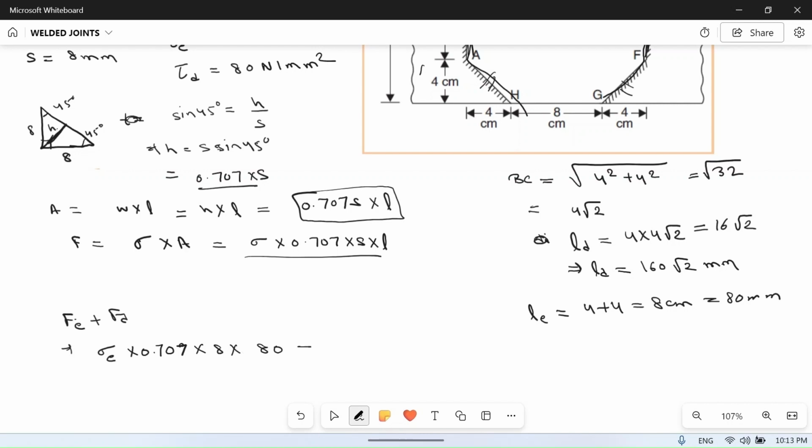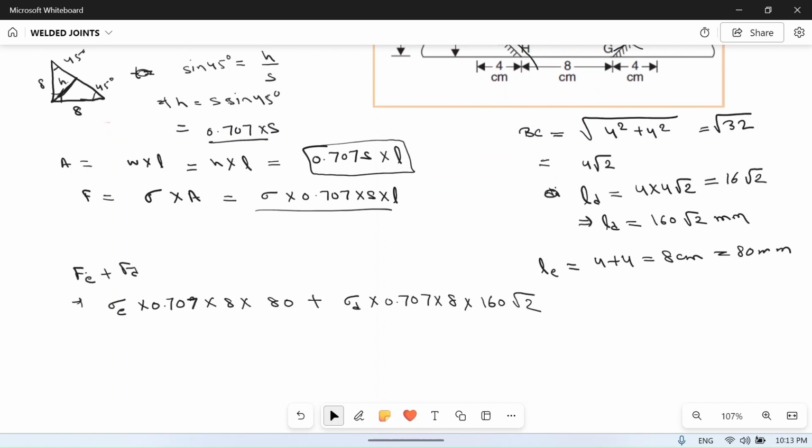Plus F diagonal is sigma diagonal into 0.707 into 8 into length is 160 root 2.